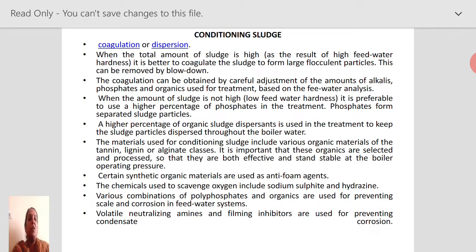When the amount of sludge is not high, we can use a high percentage of phosphates in the treatment, because phosphates don't form large flocculant particles; instead they form separated sludge particles which can be removed.